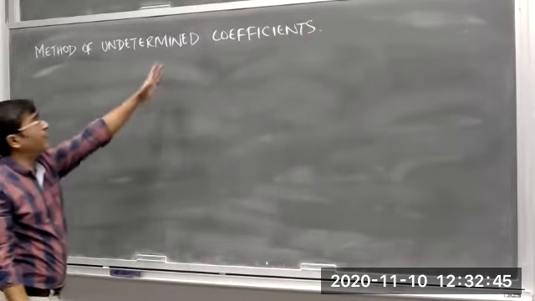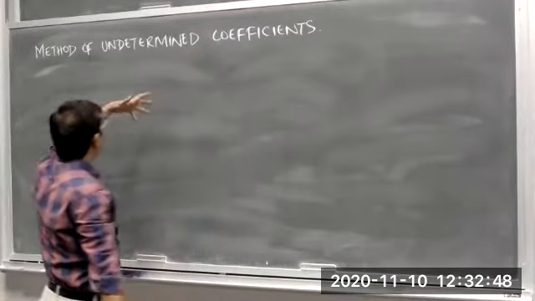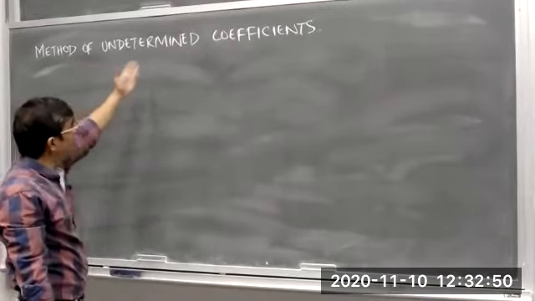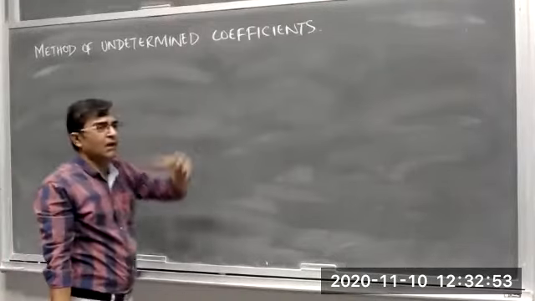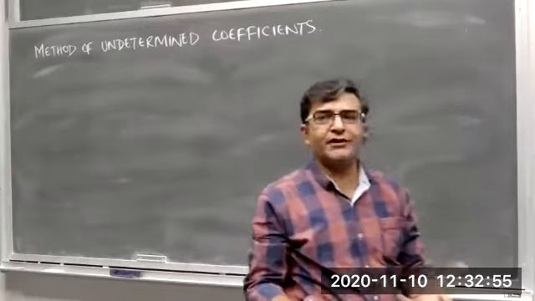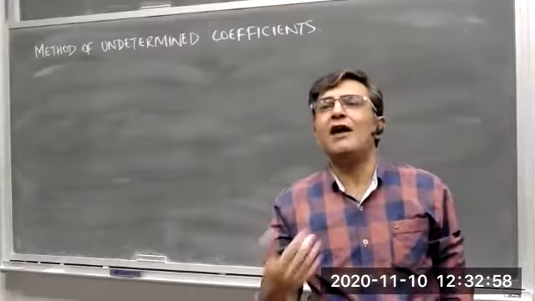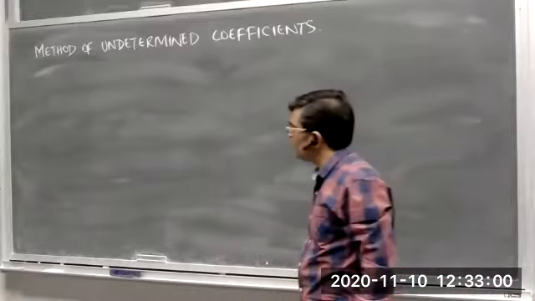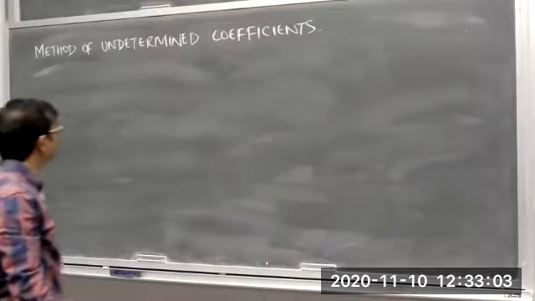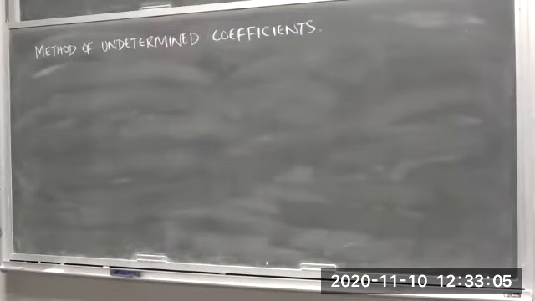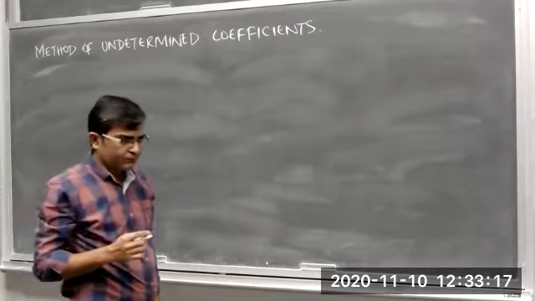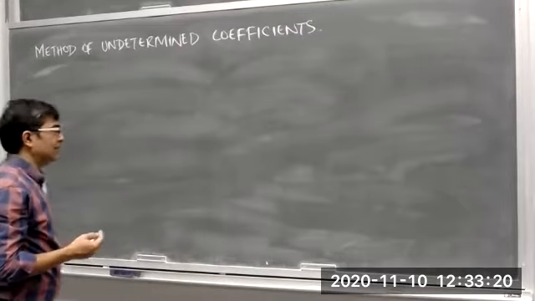Method of undetermined coefficients. We can guess by its name that there must be some kind of undetermined coefficients in this method, which we have to determine, which we have to calculate. Now, in this method, we basically make an educated guess as a particular solution.